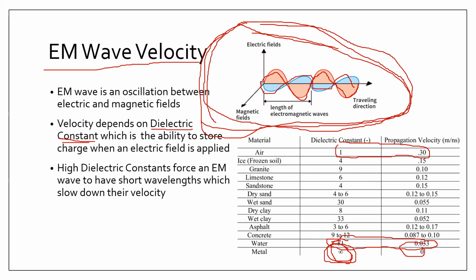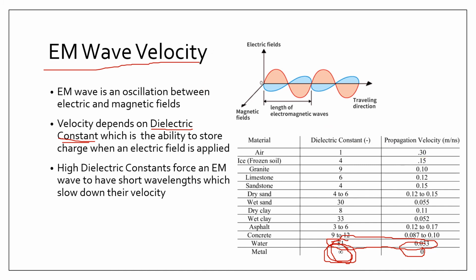Now, what happens when you have a material with a high dielectric constant is that it forces your EM waves. Let's say this is your EM wave in air, which is quite fast.